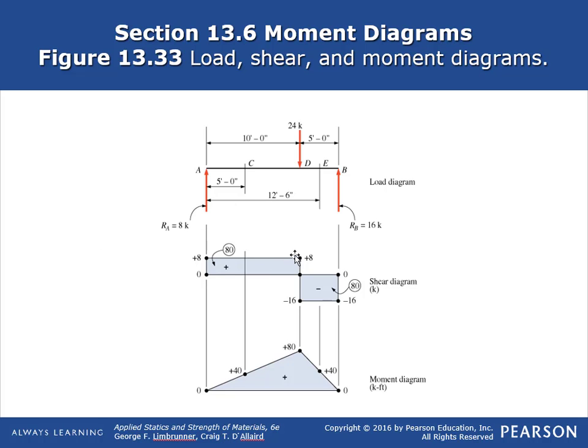As you can see, anytime the shear crosses zero, that's the point of your maximum moment. In this case, these would be the areas you were looking at. Plus 80: this is the area, the distance across, 10 feet, times the 8 kip shear load gives 80. So we increase from 0 up to 80, and then this is negative 80, so it decreases down to 0.